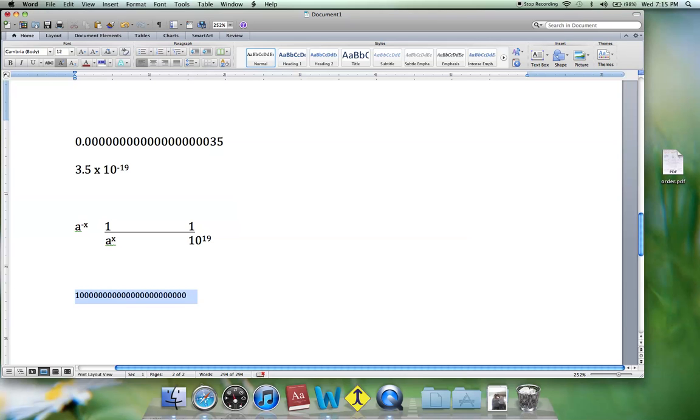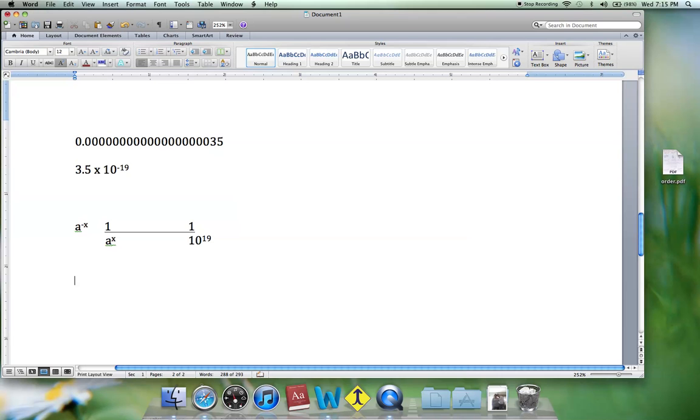I'm sorry, I can't do a symbol. I'm going to have to stop. But basically, you're saying, what is 1 divided by 10 to the 19th? And obviously, 1 divided by 10 to the 19th is going to be a very small number. Think about it. 1 divided by 2 is 0.5. So 1 divided by 10 to the 19 is going to be this incredibly small number. Well, here's your incredibly small number.